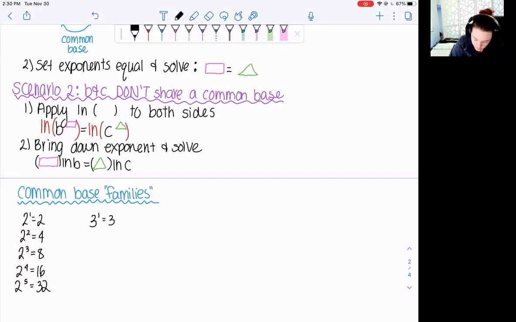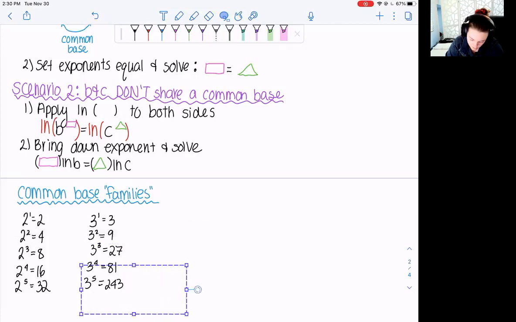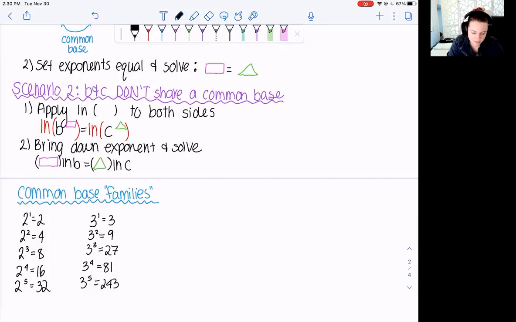Three to the first power is 3, 3 squared is 9, 3 cubed is 27, 3 to the fourth power is 81, and 3 to the fifth power is 243. 3, 9, 27, 81, and 243 are all part of the same common base family. 4 to the first power is 4, 4 squared is 16.